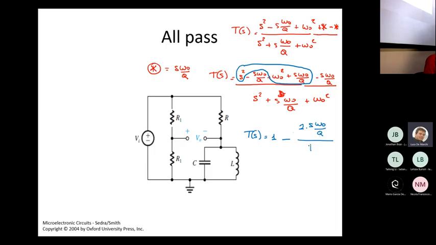So this is the transfer function of an all-pass function. The transfer function of the all-pass function divided by 2 is equal to 1 over 2 minus s ω0/Q divided by the conventional denominator.